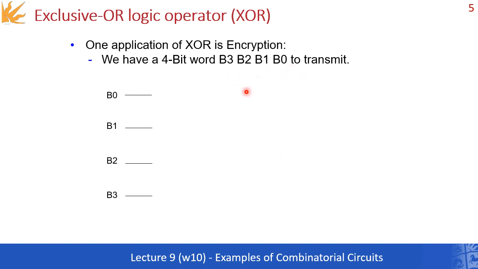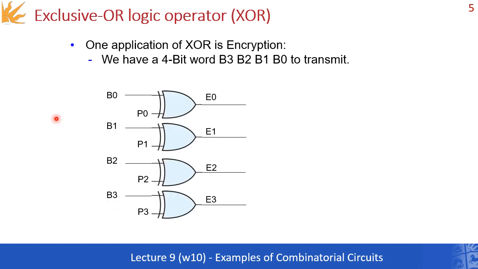So this 4-bit word has bits B0, B1, B2, and B3. Now suppose that we use P0, P1, P2, and P3 as something like a key. Again, it's a 4-bit key.